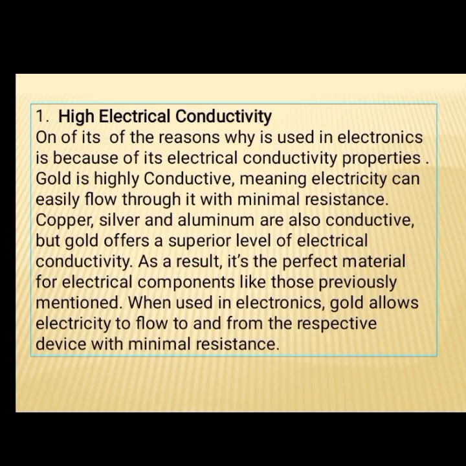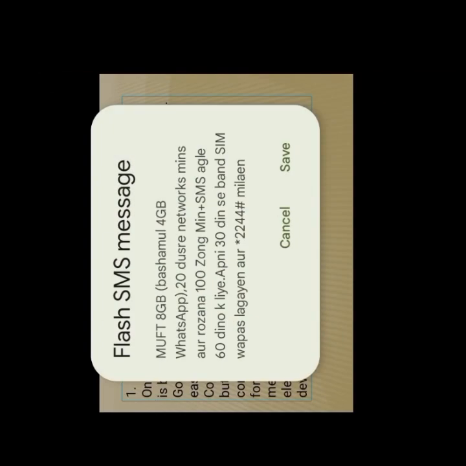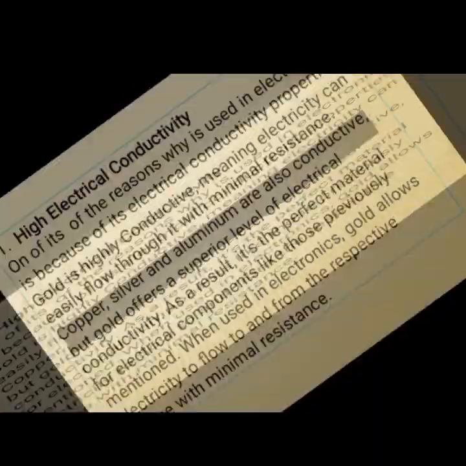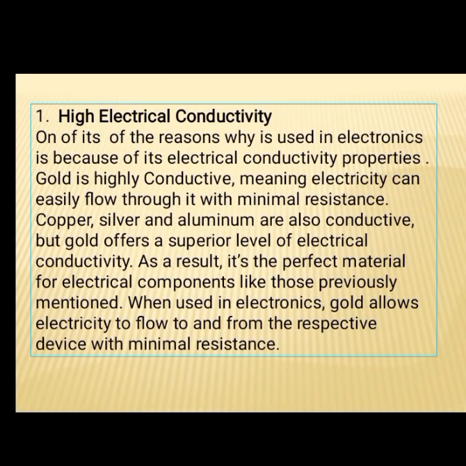High electrical conductivity. One of the reasons why gold is used in electronics is because of its electric conductivity properties. Gold is highly conductive, meaning electricity can easily flow through it with minimum resistance.